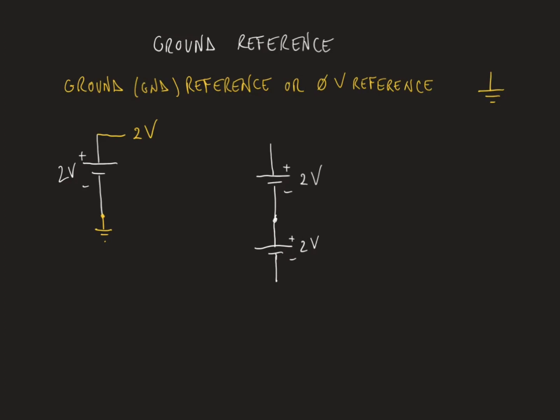This kind of connection is called a series connection. We will talk about that later on. The overall voltage difference across the series of these two batteries, which means the potential difference between the negative terminal of the bottom battery and the positive terminal of the top battery, will be 4 volts.